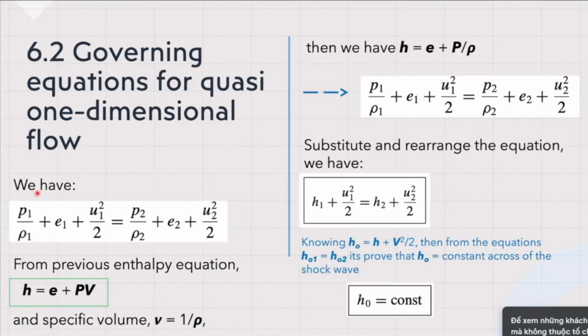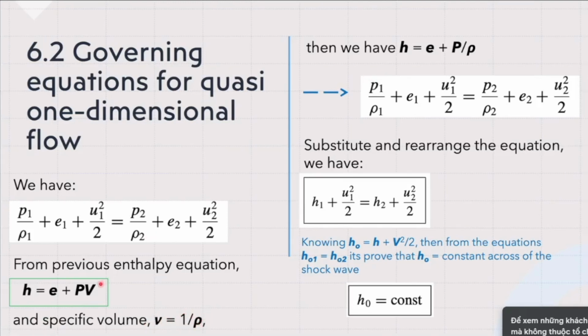So the result is that we have a more simplified equation after the energy equation being divided by the continuity equation. From our previous enthalpy equation, we then rearrange it to be more simplified, where we also have the specific volume, which is equal to v equal to 1 over the density, right?